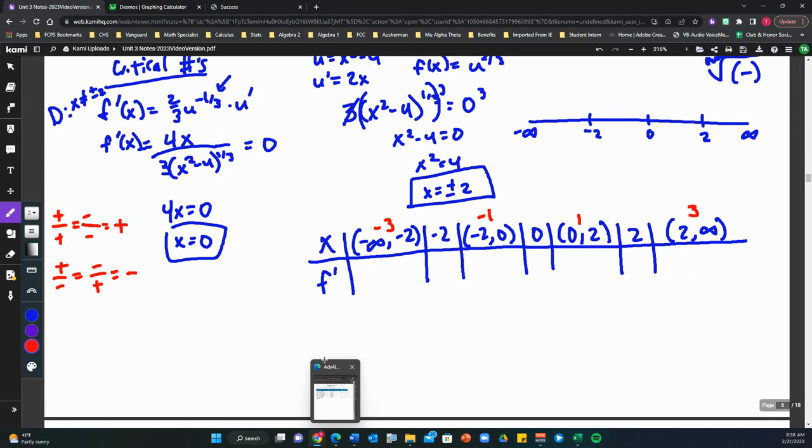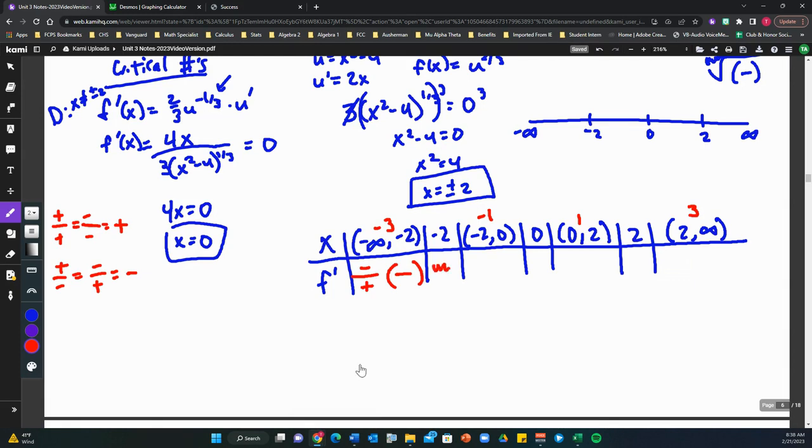So x being negative 3 gives me a negative up top. With x being negative 3 in the bottom, there are some calculations I have to do here. I get positive 9 minus 4, which is a positive, and the cube root of a positive is a positive. So a negative over a positive gives me a negative for the overall value of f prime.